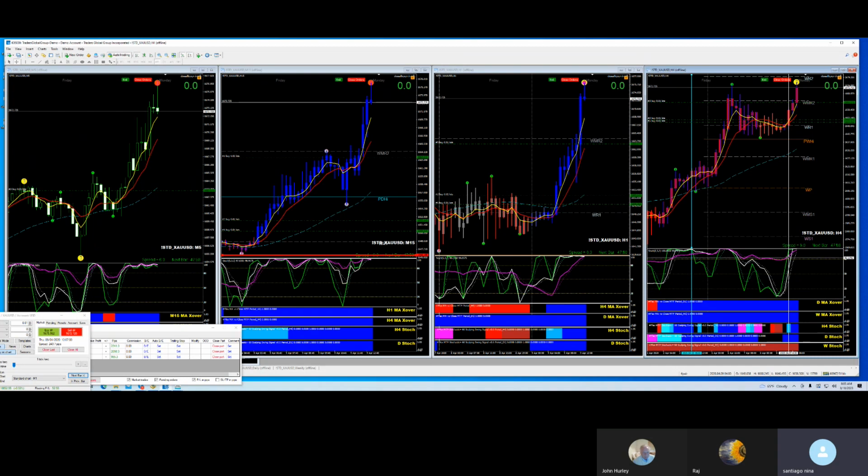So now we got a trend trade on the 4-hour, which should give us enough momentum to break the previous high. If it didn't, the market was going to turn around eventually.